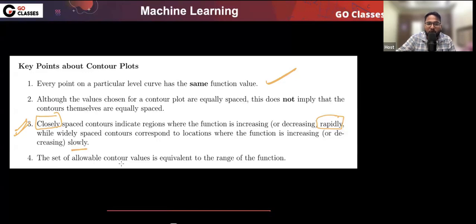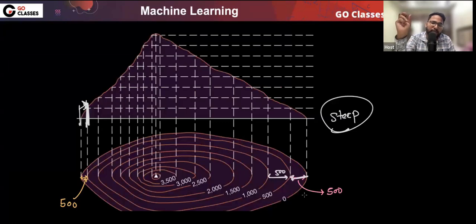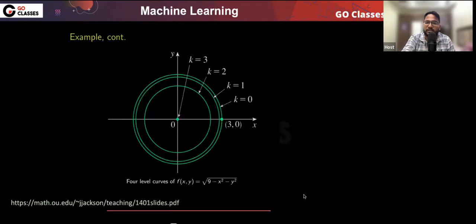The set of allowable contour values is equivalent to the range of the function. Okay, let's not worry about it. So, by the way, you got the point, right? If it is closely spaced, then the alarm should be there in the mind that the slope is high, right? It is a steep slope.